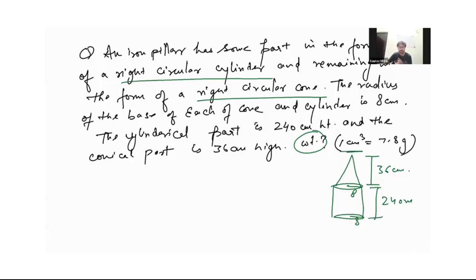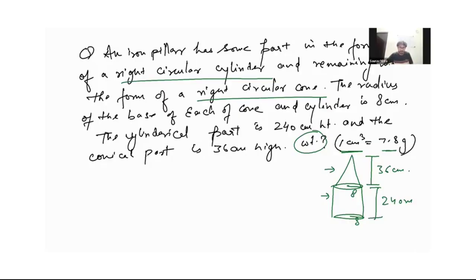As 1 centimeter cube gives 7.8 gram, you will multiply the volume by 7.8 to get the weight of the iron pillar. This figure is comprised of one part a cylinder and one part a cone, so we will find the volume one by one individually.